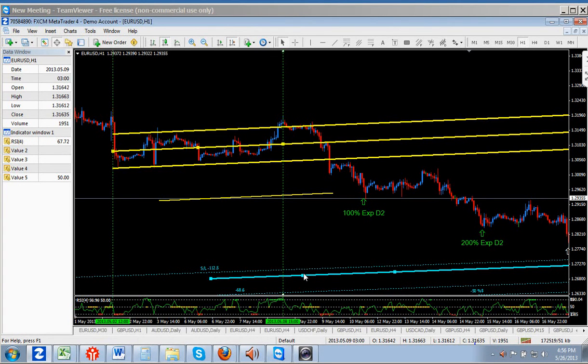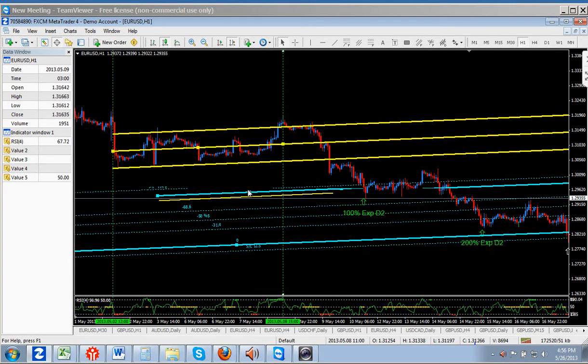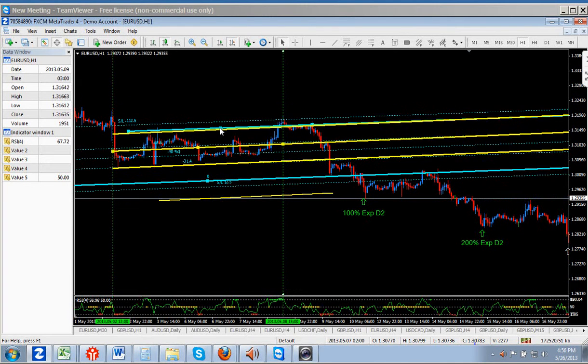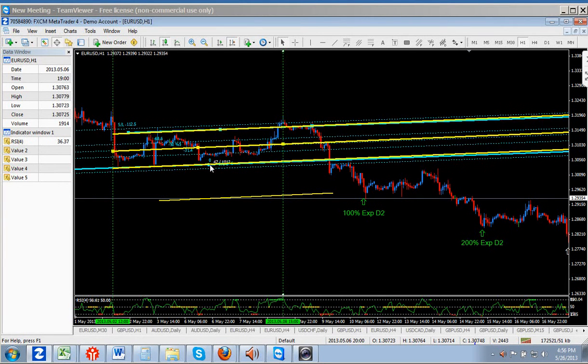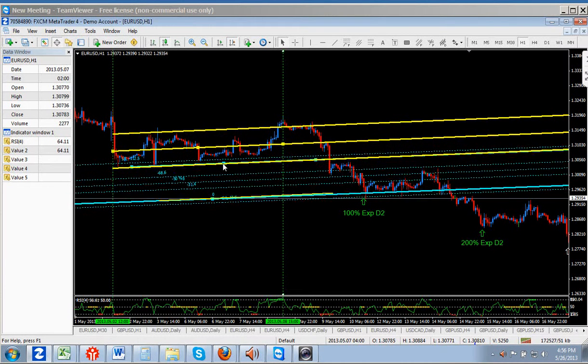Then I applied the fib channel tool and aligned it to the high and low channels. Okay. And from there, I drag the whole thing down to the lower channel to make a double channel.